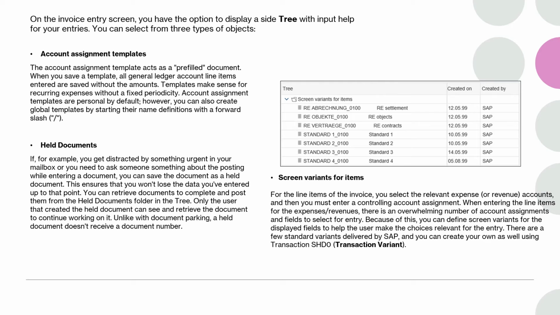Let's look over account assignment real quick. The account assignment template acts as a pre-filled document. When you save a template, the general ledger account line items are saved without the amount. Templates make sense for recurring expenses with a fixed periodicity.